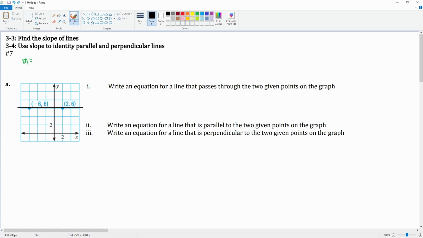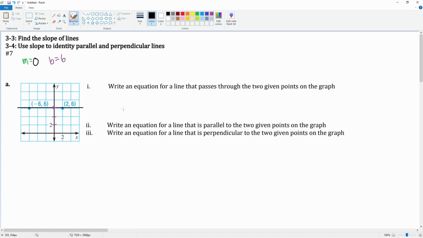Now we just need the y-intercept. The y-intercept is the point at which it crosses the y-axis. That value is 2, 4, 6. So the b value is going to be equal to 6.